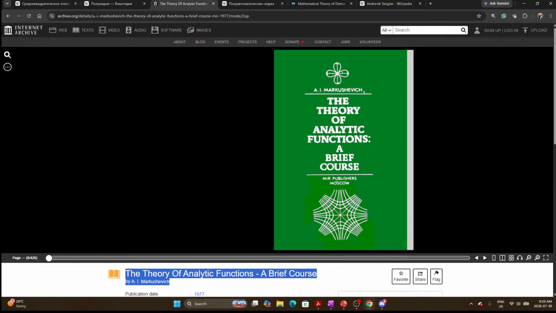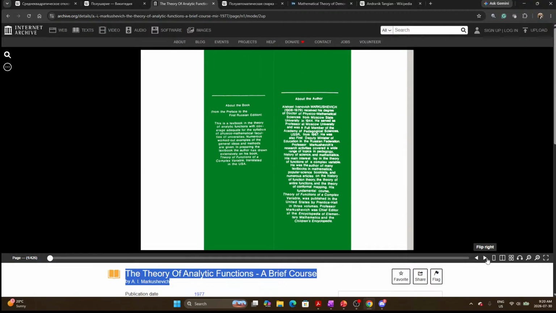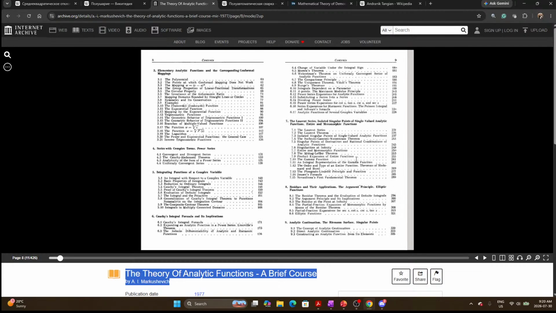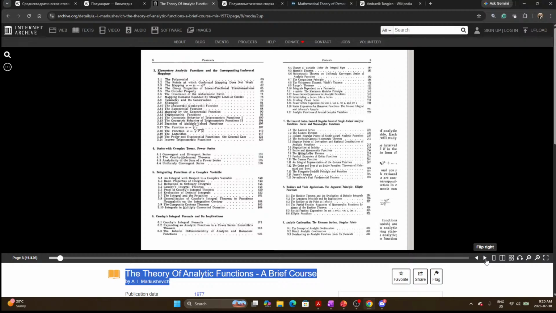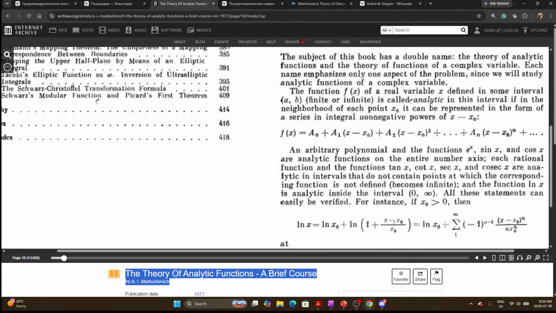I don't know if this publisher still exists, but they have a lot of great books, just amazing stuff. Old Soviet style. You see, the font is also quite interesting, and I don't think I can find a LaTeX version for the font.